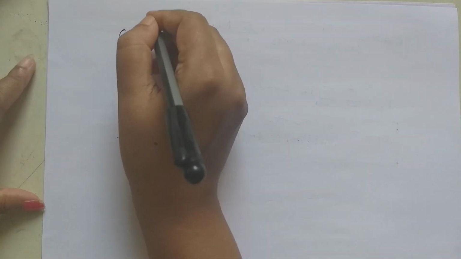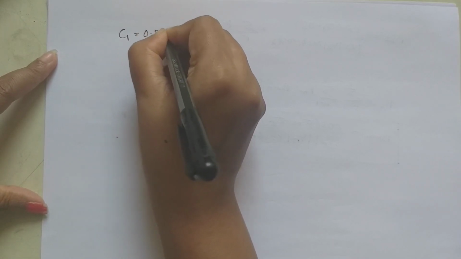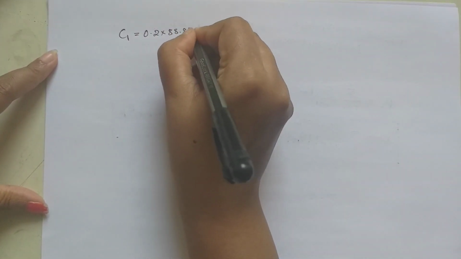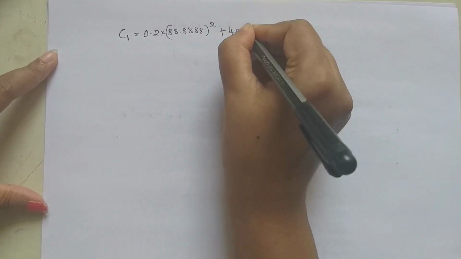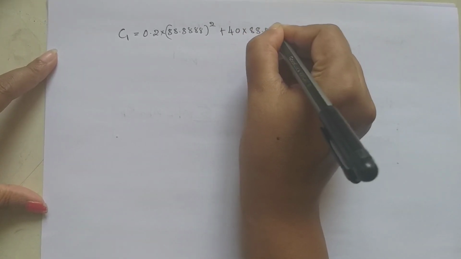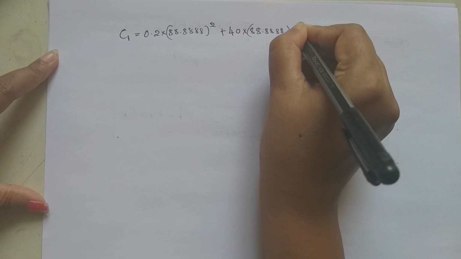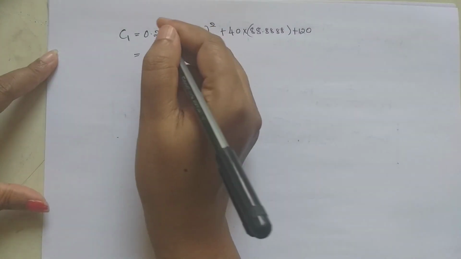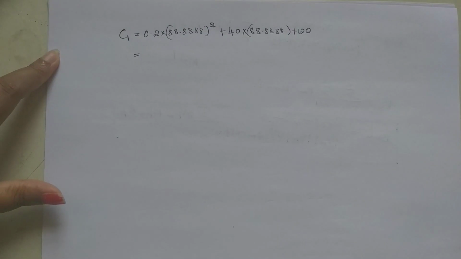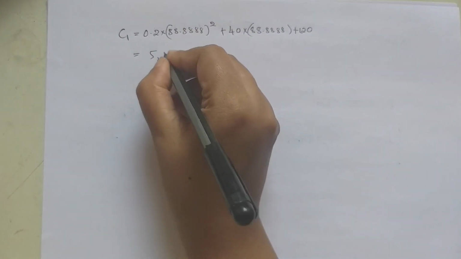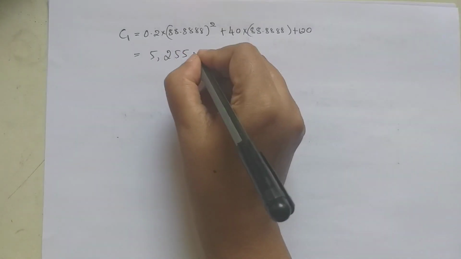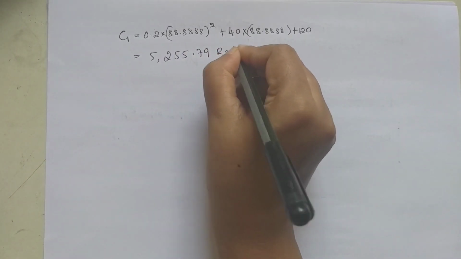C1 is equal to 0.2 into 88.888 square plus 40 into 88.88 plus 120. So we get 5,255.79 rupees per hour.